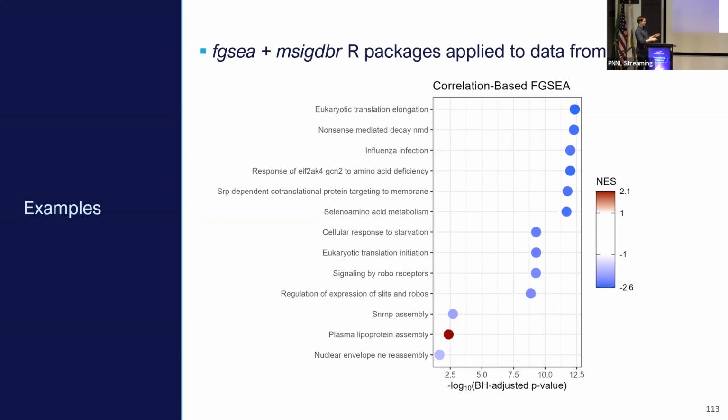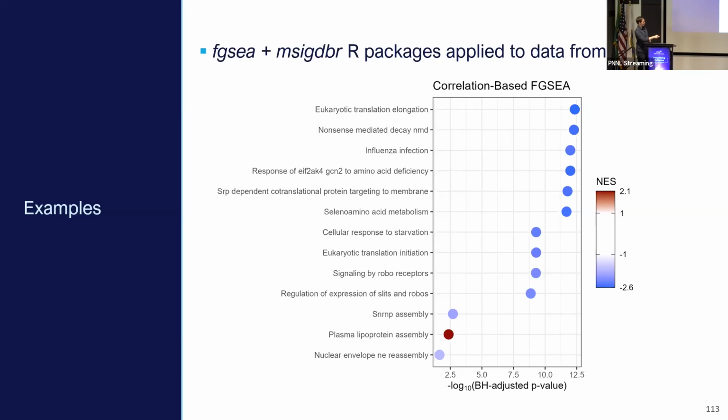Anything within 1 and -1 is not interesting, for reasons that I'm not going to get into, but for this particular method we're only concerned about things beyond those bounds. We can see that each of these terms is colored by its normalized enrichment score. You see a lot of terms in blue, indicating that they had primarily negative correlation, because here this is correlation based.